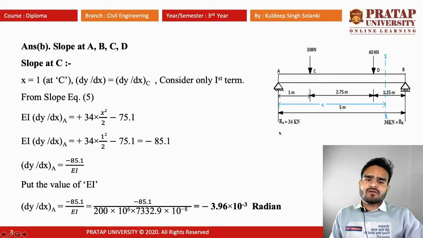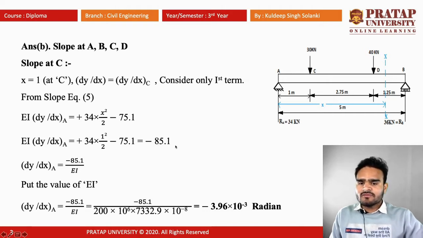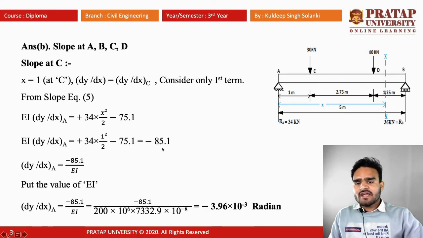Now consider only the first term, from slope equation number 5, and put the value of x equal to 1 in this equation. After solving this term we get minus 85.1. EI is a constant, so we transfer it to the downward side: minus 85.1 over EI is dy/dx.